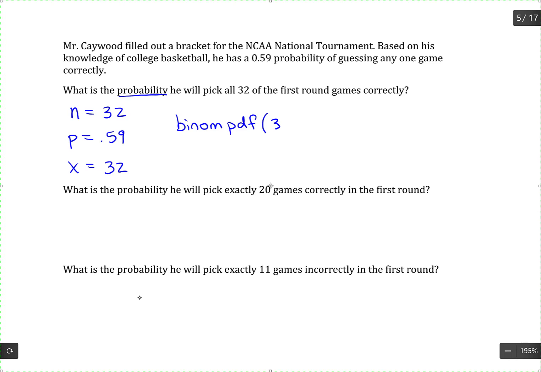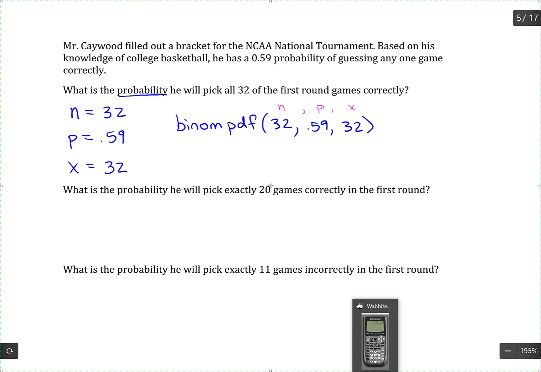The inputs are N, P, and X. So the number of trials is 32. Probability of success on any given trial, in this case, is 0.59. And we want to know the probability of getting all 32 of these correct.